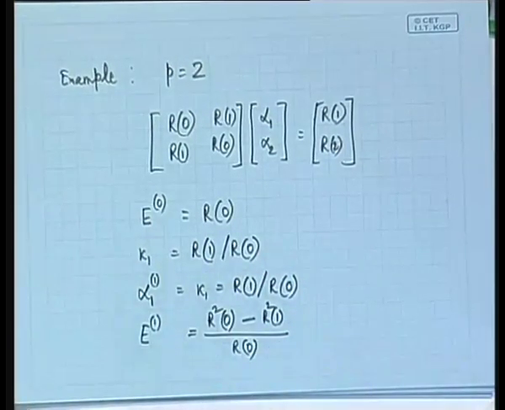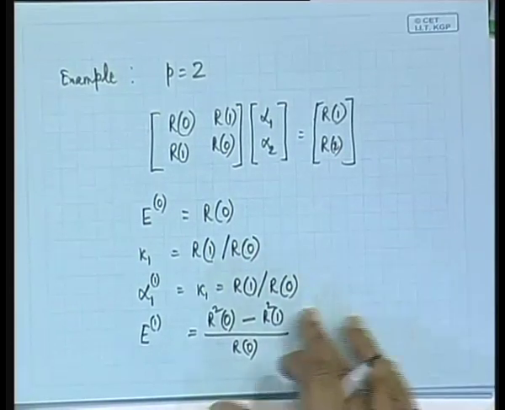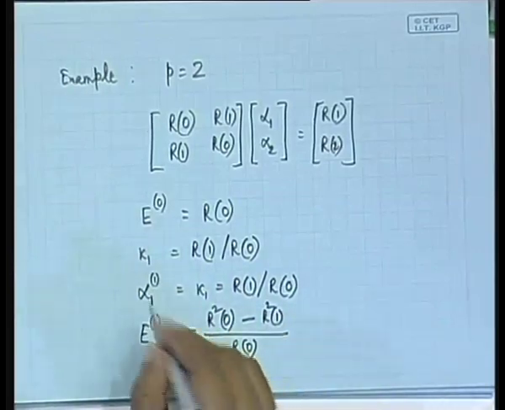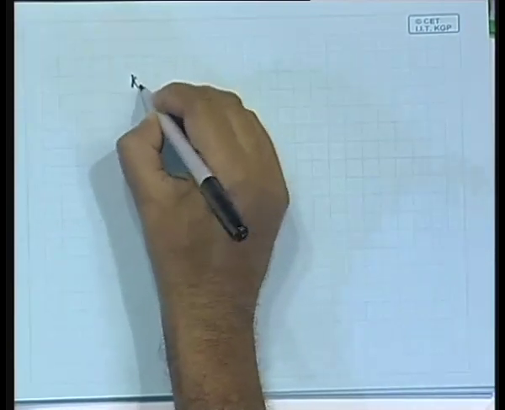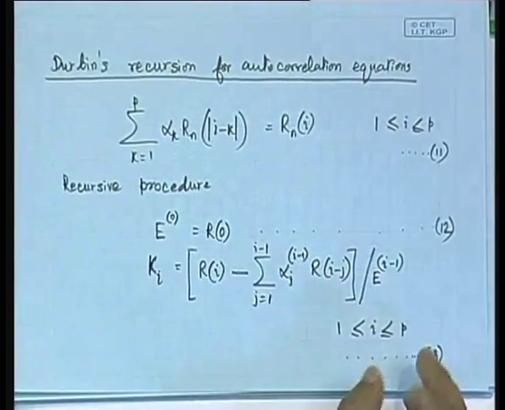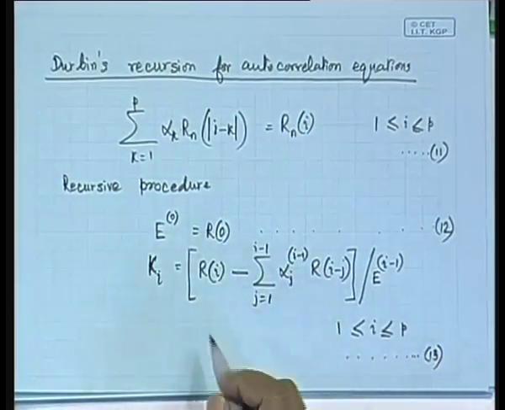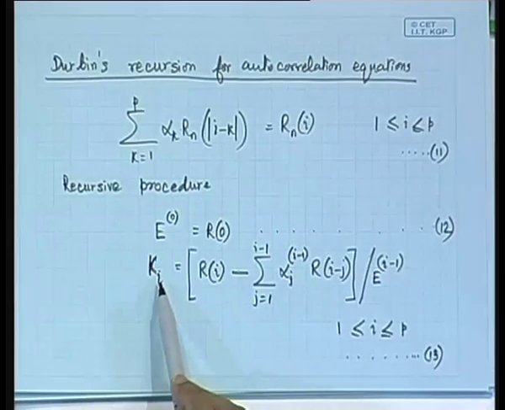So this is our E1, and now what are we going to do in the next step? Put I is equal to 2, right. So now we have to solve for K2. So K2 is going to be, you can just verify after putting into the expression, because now with I equal to 2, just have a look at 13, okay, at equation number 13. Now we are going to solve for I is equal to 2.